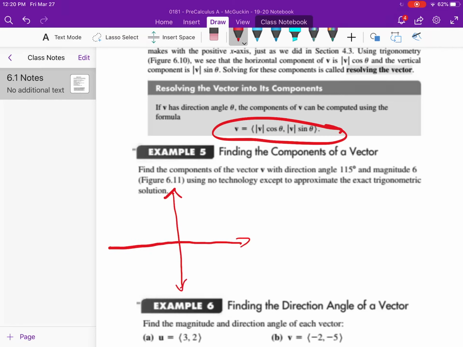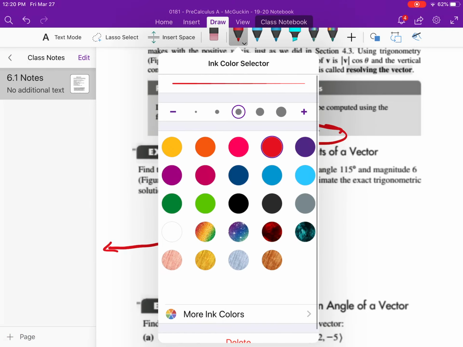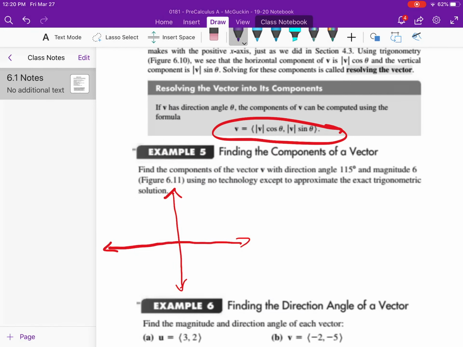A direction angle at about 115 degrees represents where my vector is going to be. I'll call this vector v, with components a comma b. I don't know what those are yet, but I do know that the magnitude of the vector equals 6.